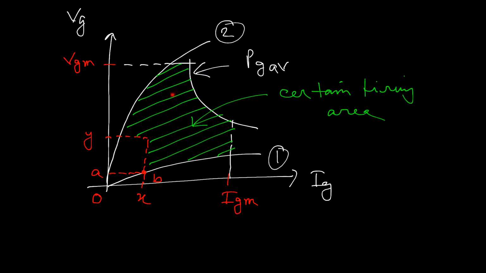And this is the certain firing region in which the thyristor can be fired or becomes turned on without any disturbance. So by considering this particular region, in which way we can design the gate driver circuit, that is what we are mainly focused on in this session.